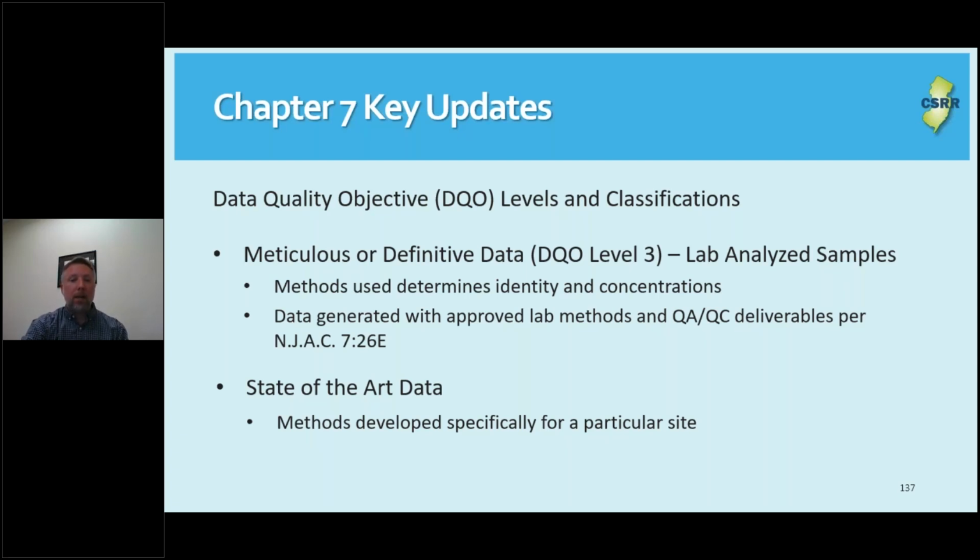Well, the last section of the data quality objective is what's called state-of-the-art data, and that's where you're going to have, say, a compound or a particular site that has a unique situation in which you'll have to develop a specific method for your analysis.